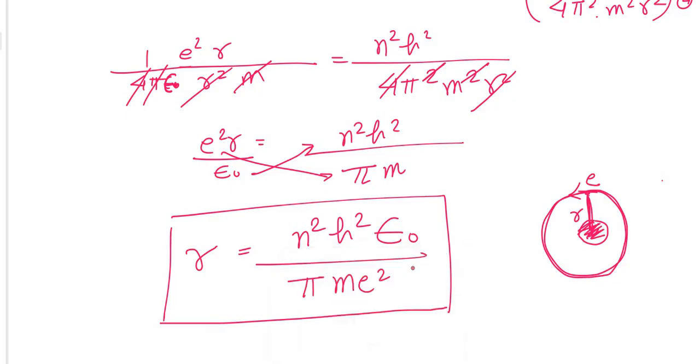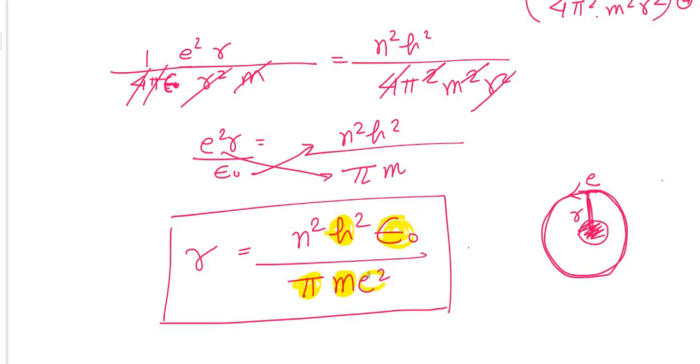In this formula, if you see carefully, everything is a constant. h is the Planck's constant, which is always constant. Epsilon naught is the permittivity of the medium, it is always constant. Pi is 3.14, constant. m is the mass of electron, not the mass of atom, it is fixed.